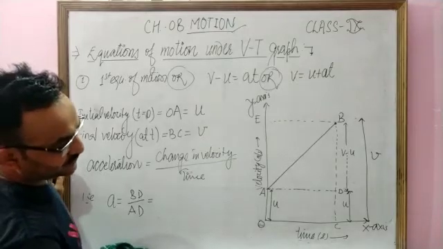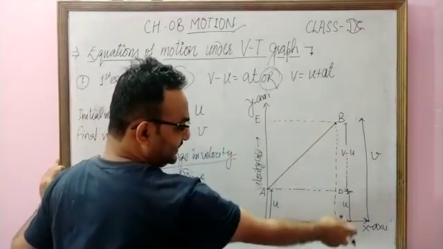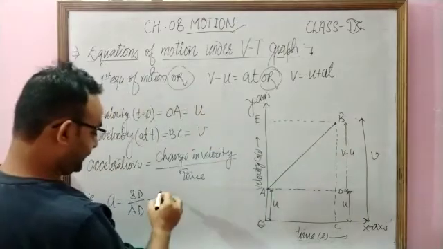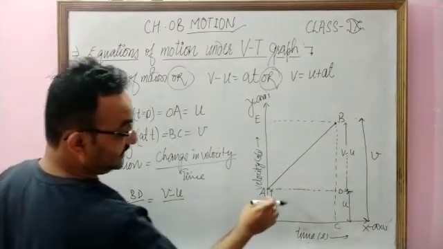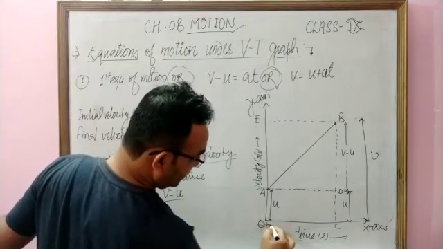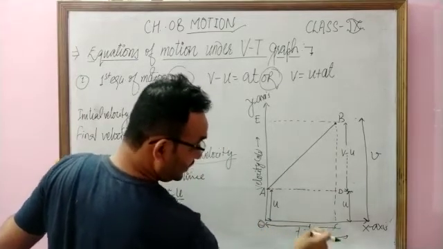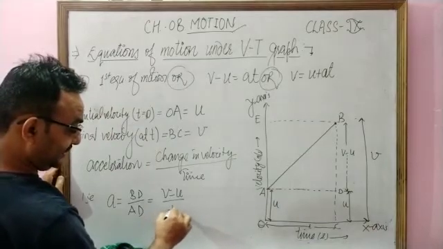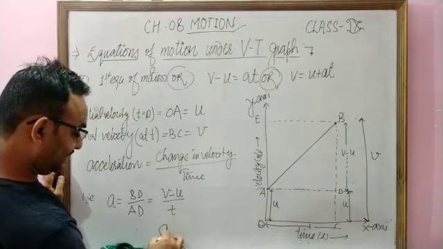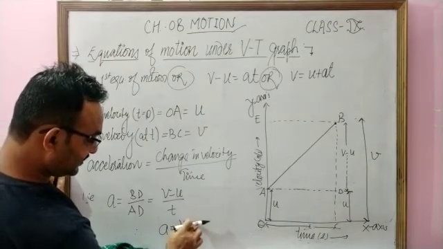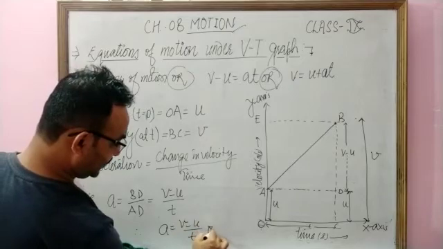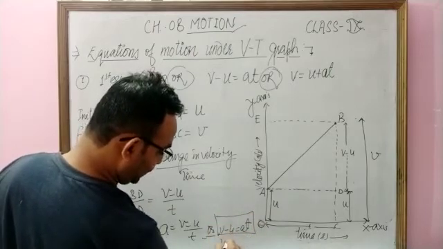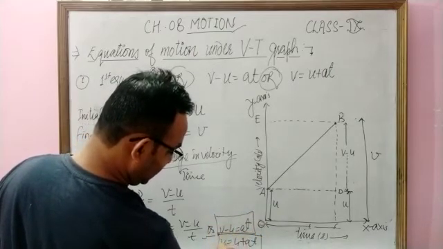BD having value BC minus DC, you will get BD, V minus U, and AD, because this one is T here, OC is equal to AD is equal to T, so it may be written as T. Therefore, A is equal to V minus U upon T, or V minus U is equal to AT, V is equal to U plus AT.